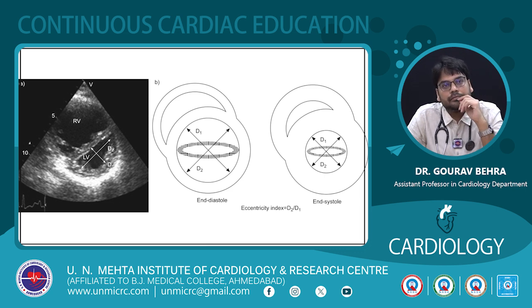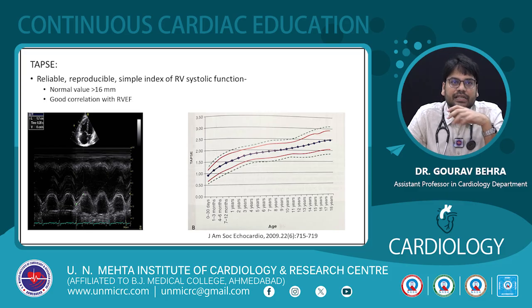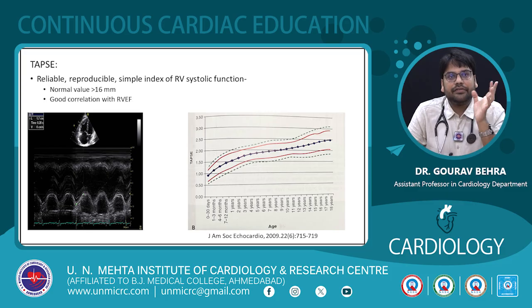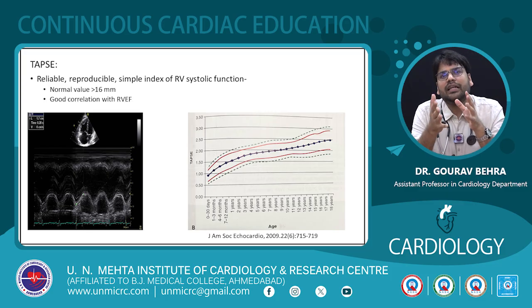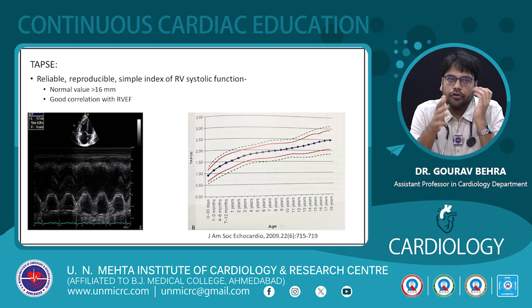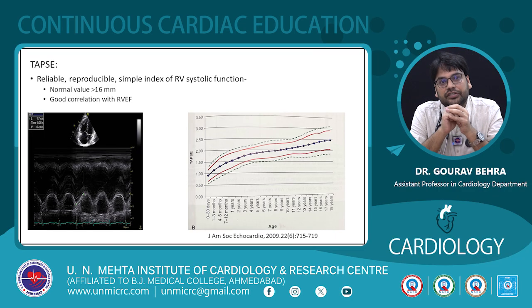So the TAPSE is a very reliable, reproducible, simple index for RV systolic function. The normal value is more than 16, and it has good correlation with RV ejection fraction. Systolic excursion of the tricuspid annulus is calculated when you apply M mode to the lateral annulus of the tricuspid valve.